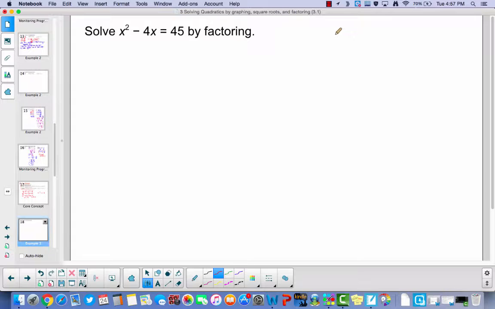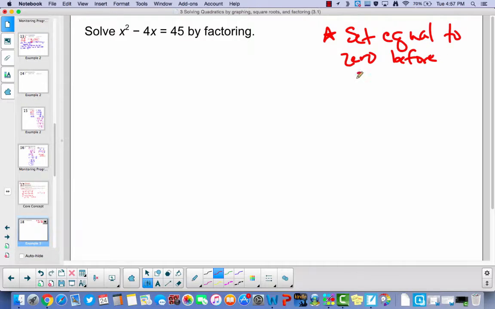Right. First thing you always have to do, you have to set it equal to 0 before you can factor. So what are we going to do first? We're going to subtract 45. Those are going to cancel.